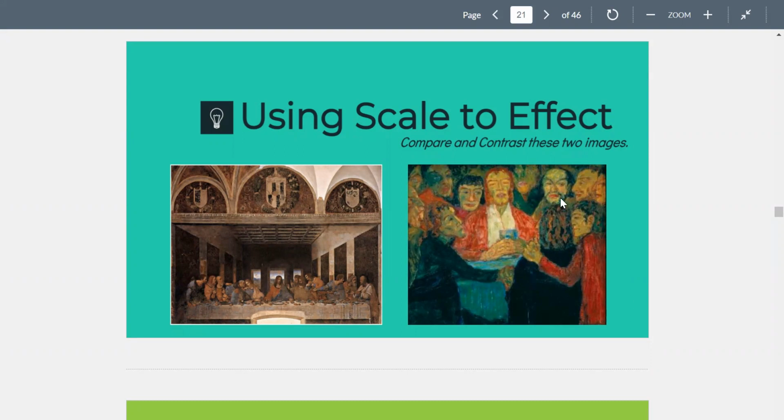In this image, you see there are people close together, and their scale is larger than this one because it's focused on this area. So when you are doing your composition, thinking about the paper or any material that you are doing your work on, just think about the scale that you are using also when you need to focus on a certain area, or if you want to make it a wide angle.